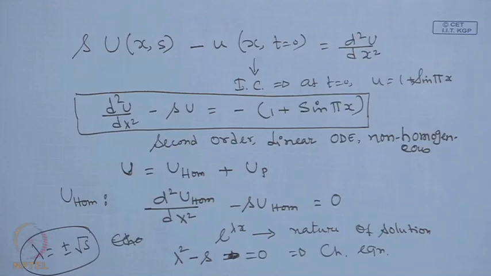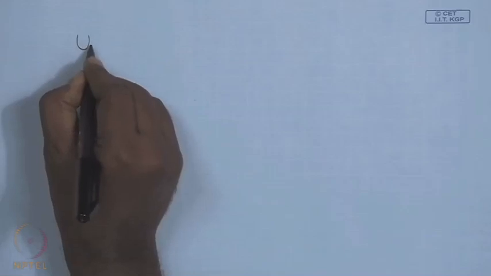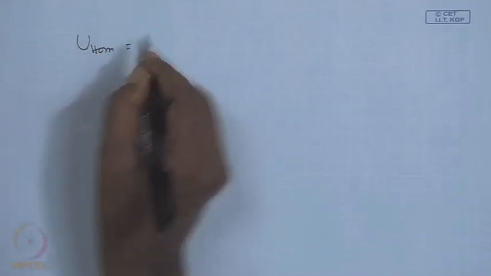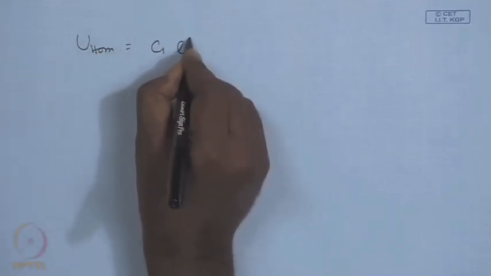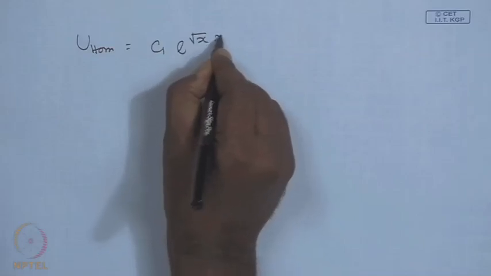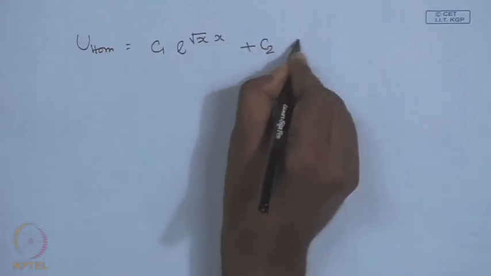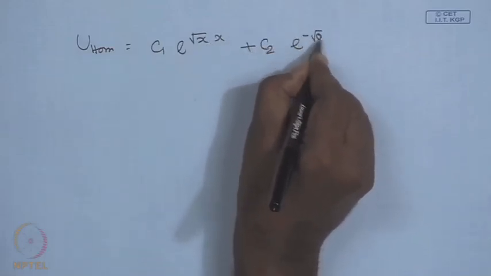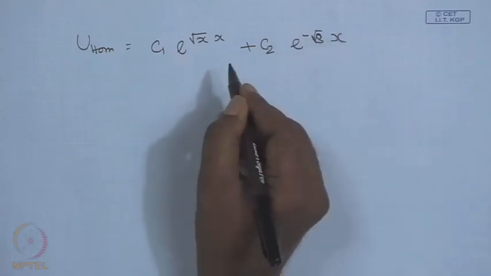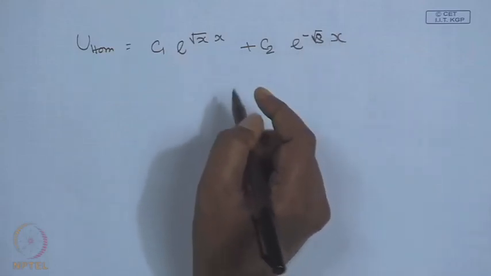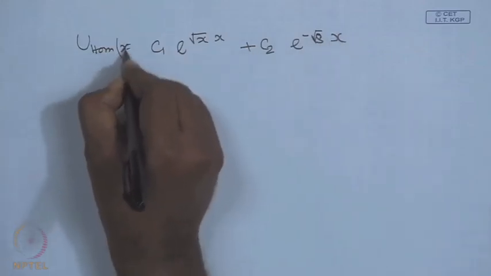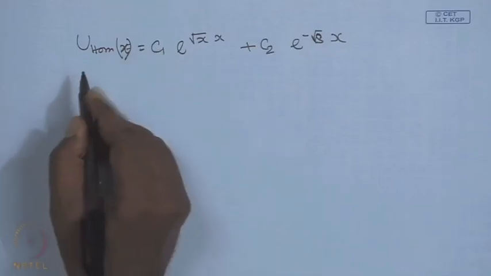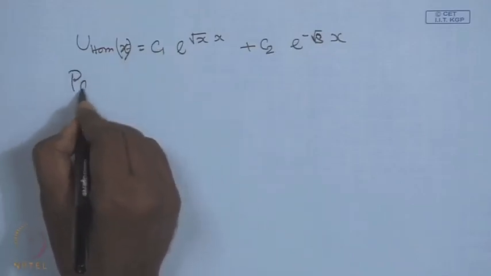Therefore, the homogeneous part has a solution composed of two terms: C1 e to the power root over s x plus C2 e to the power minus root over s x. Okay, so that goes for the homogeneous solution. Now, we are looking for the particular integral.